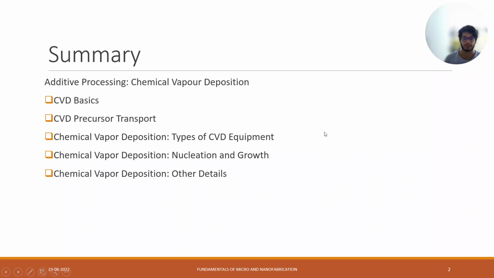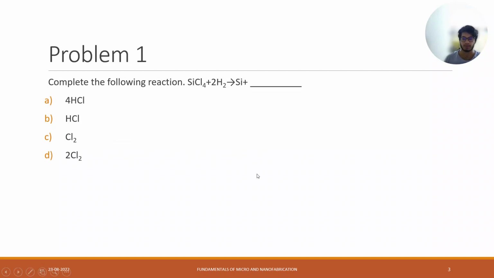So this is the first question. This is the reaction which we need to fulfill: SiCl4 plus 2H2 gives elemental silicon plus dash. So you have to fill this dash.